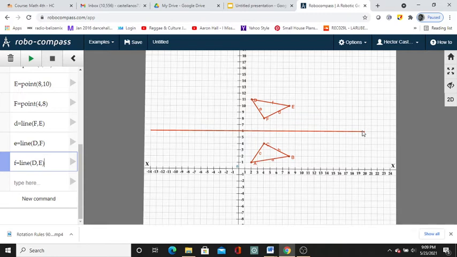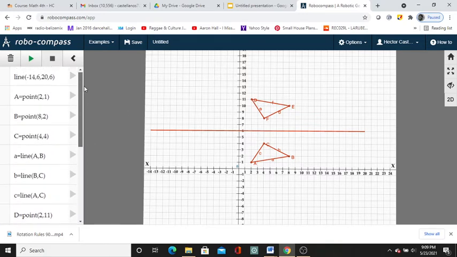Now let's see how this works. If you notice, point A here is reflected with the letter D. Point A is 2 and 1. The line of reflection is 6. Since we are reflecting under the line y equals 6, you take that line value, which is 6, multiply it by 2, and subtract the y value of the point that you are reflecting.